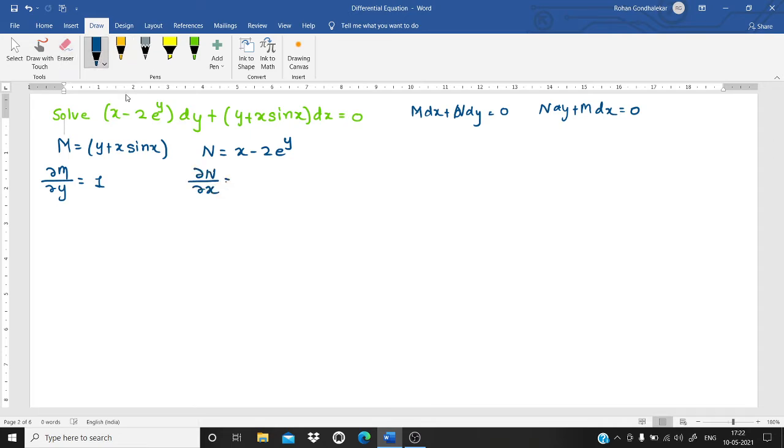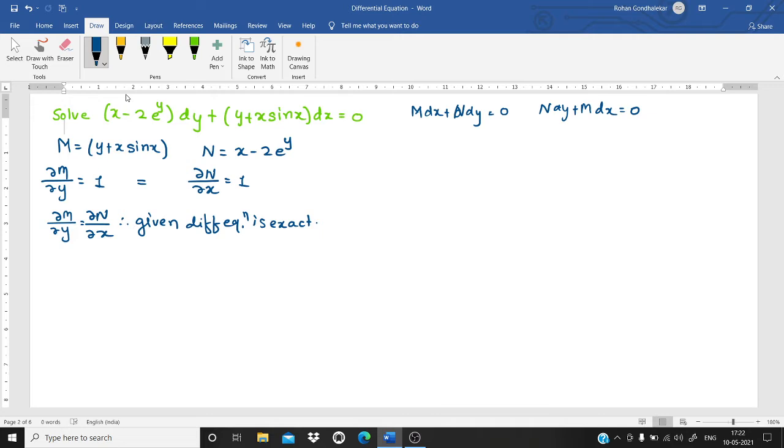That is the partial derivative of N with respect to x, which is again 1. So both the values are equal. So we say del M by del y is equal to del N by del x. Therefore, the given differential equation is exact.